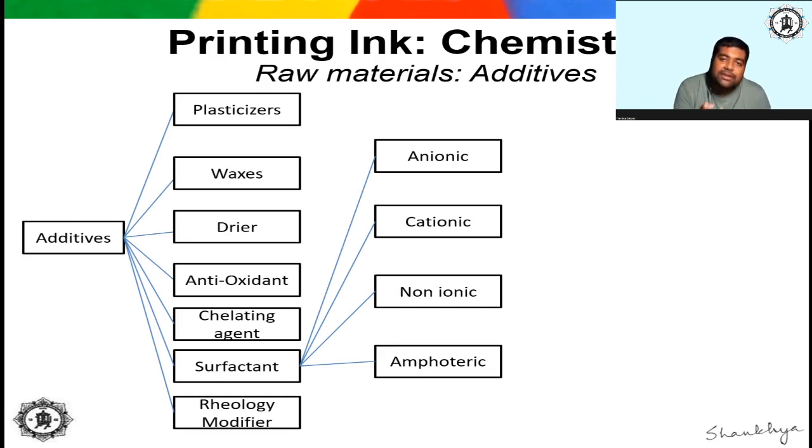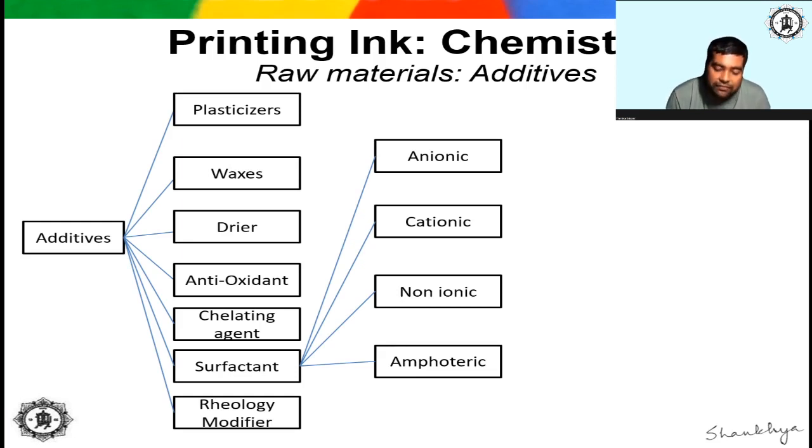If it does not happen, then the pigment will coagulate and printing will not be properly done. So these surfactants are added, which add a preferential charge to the pigment particles, preferably opposite to that of the vehicle, so that the vehicle gets attracted towards those pigment particles and dispersion is done properly.